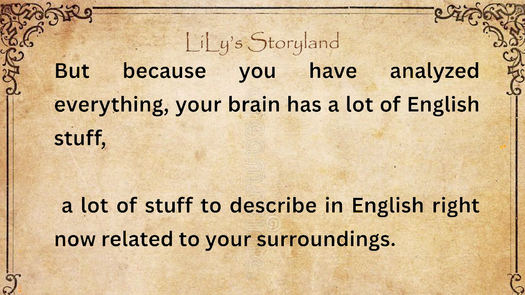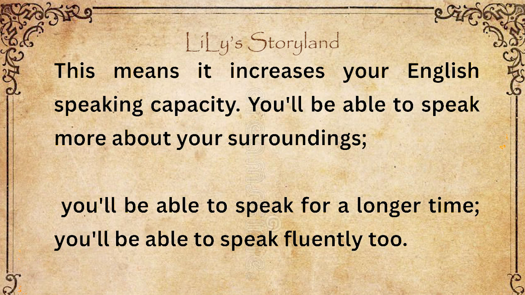But because you have analyzed everything, your brain has a lot of English stuff, a lot of stuff to describe in English right now related to your surroundings. This means it increases your English speaking capacity. You'll be able to speak more about your surroundings. You'll be able to speak for a longer time. You'll be able to speak fluently too.